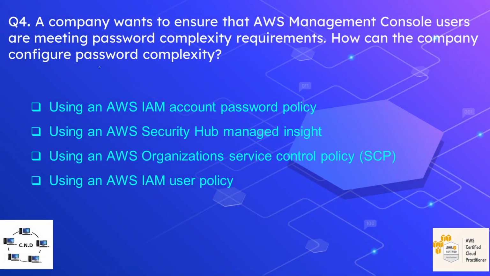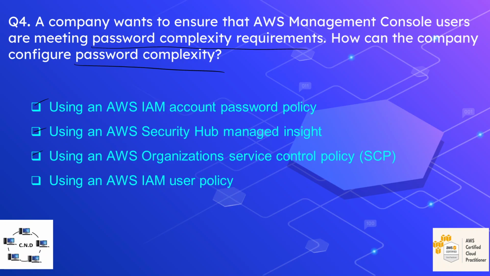Question number four is: a company wants to ensure that AWS Management Console users are meeting the password complexity requirement. How can the company configure password complexity? The options are option A, using an AWS IAM account password policy. Option B, using an AWS Security Hub managed insight.